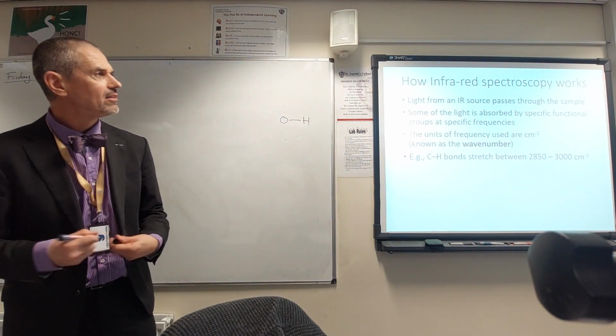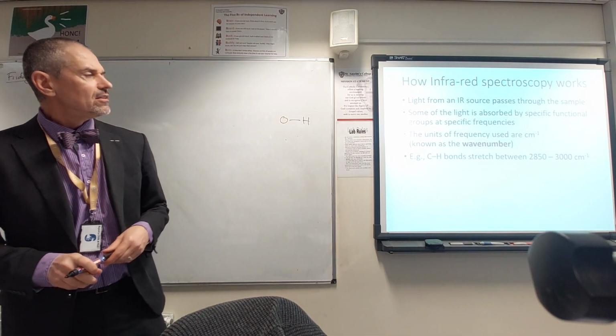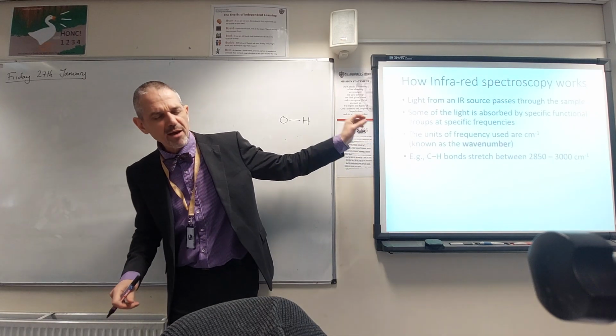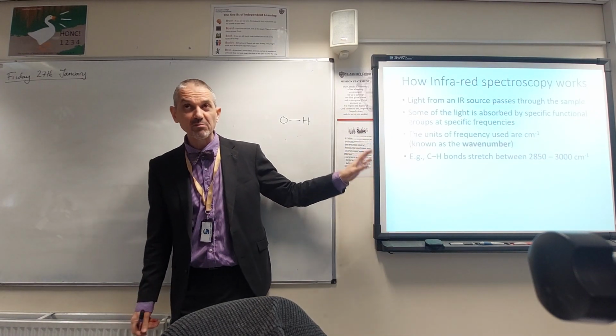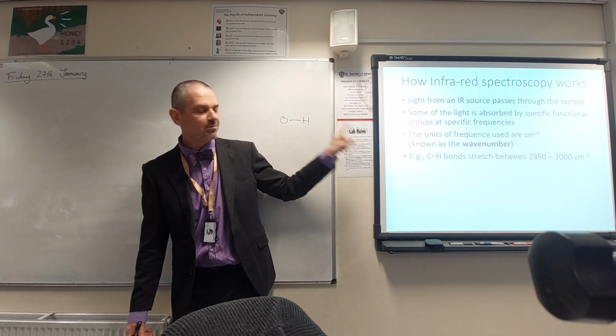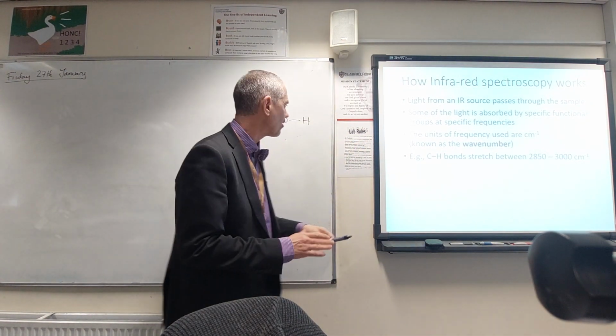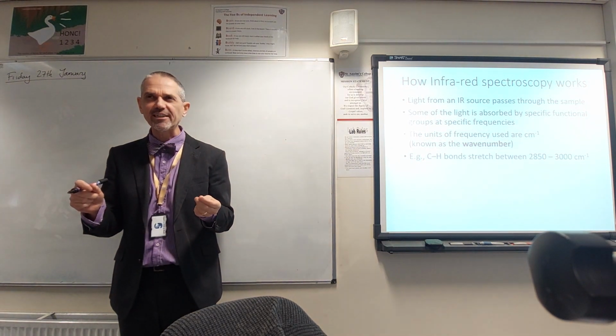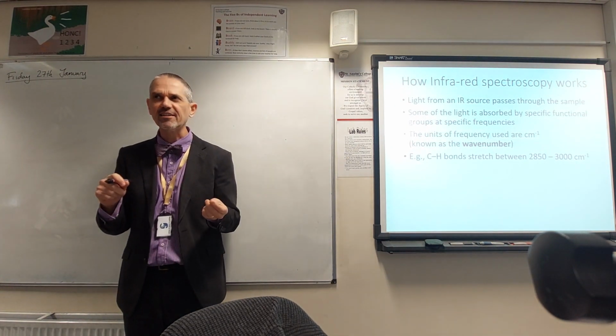Now, so we're going to see a spectrum where parts of the light have been absorbed, and I'll talk about an actual spectrum in a moment. Units of frequency are a bit odd. If you think about the relationship between frequency and wavelength, what's the equation there?